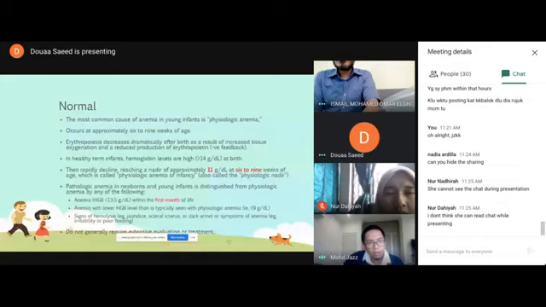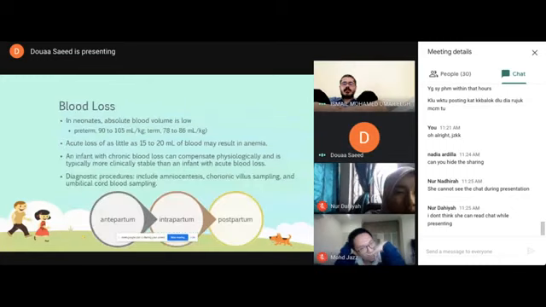So any acute blood loss as little as 15 milliliters may result in anemia. An infant with chronic blood loss can compensate physiologically better and be more stable than an infant with acute blood loss, where the loss is as little as 15 to 20 milliliters of blood.